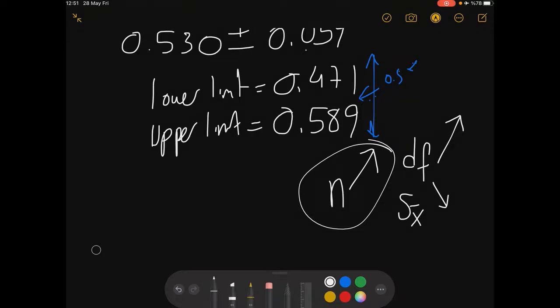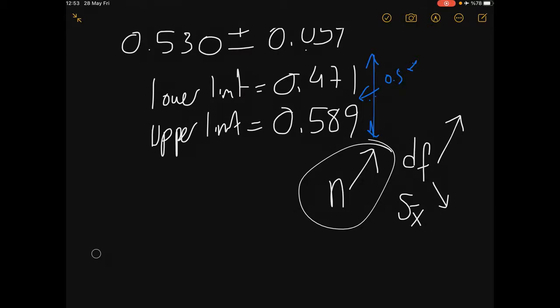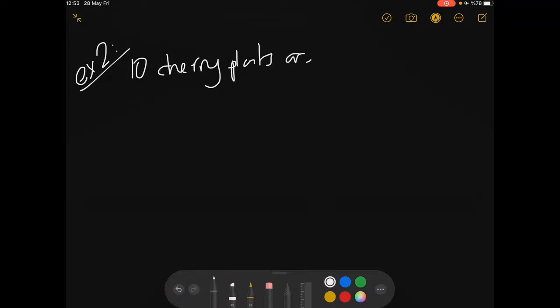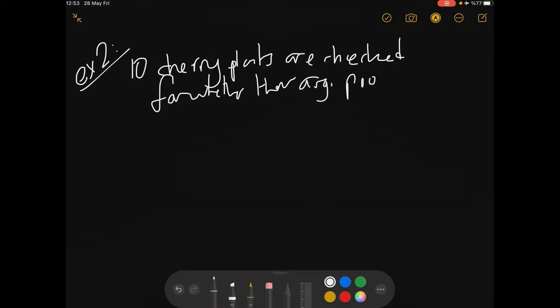All right. Okay, let's go ahead and solve the next example from our textbook, namely the second example. 10 cherry plants are checked for whether their average weight of production is 205 grams.